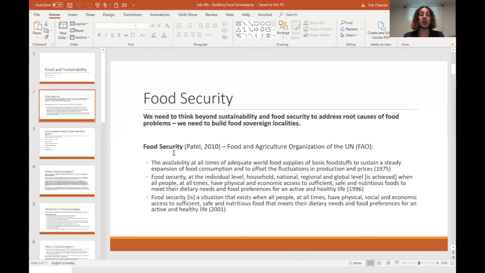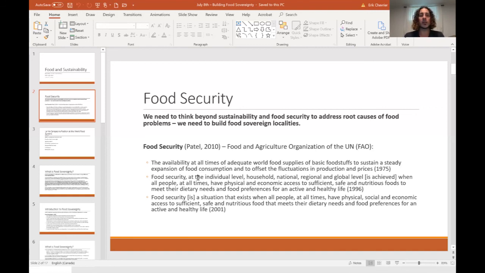The first definitions looked at the availability, at all times, of adequate world food supplies of basic foodstuffs to sustain the expansion of food consumption and to offset the fluctuations in production and prices. So basically, we need adequate supplies of food for people throughout the world, regardless of production and prices.